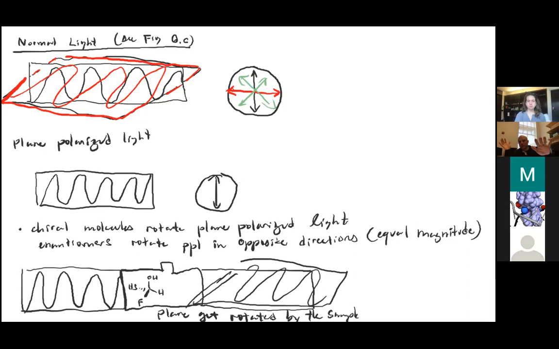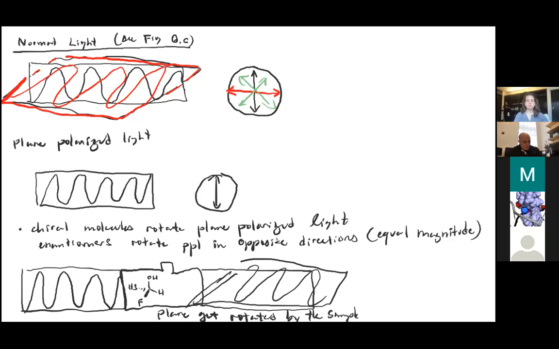The other enantiomer pushes it back by the same magnitude, but in the opposite direction. And so the net effect is that you don't get any rotation. And so this is actually diagnostic for a racemic sample. You can have a molecule that has stereocenters, you take an optical rotation, you see that it doesn't rotate the light, and so you know that you've got a one-to-one mixture of enantiomers. Yeah, it's a good question.